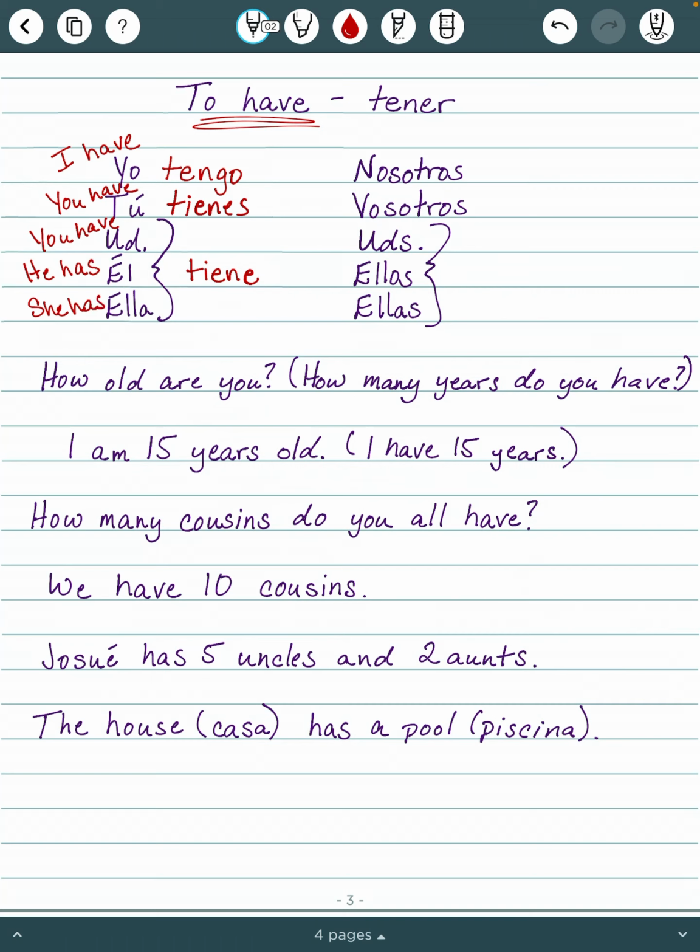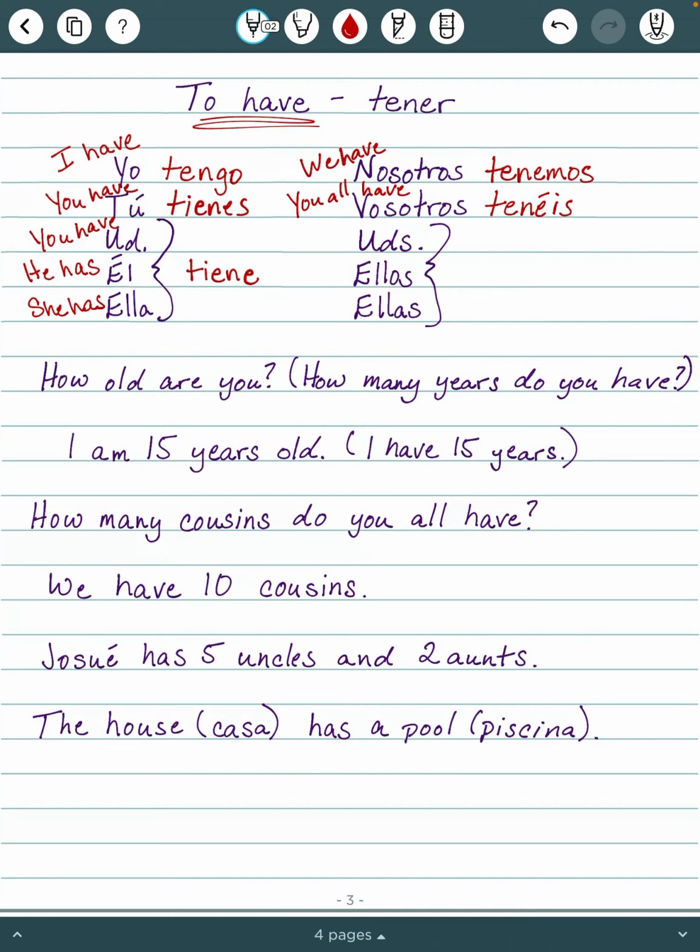If I want to say we have, we is nosotros, and nosotros goes with tenemos. So we have will be tenemos or nosotros tenemos. To say you all have, with vosotros, you'll say tenéis. So that would be you all have.